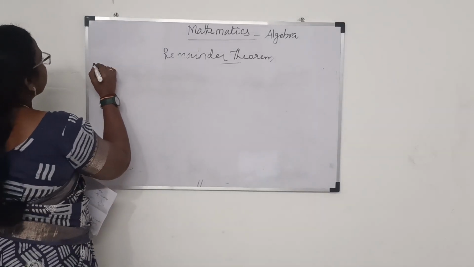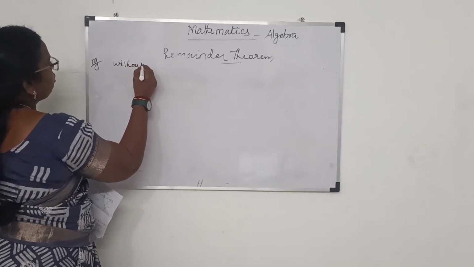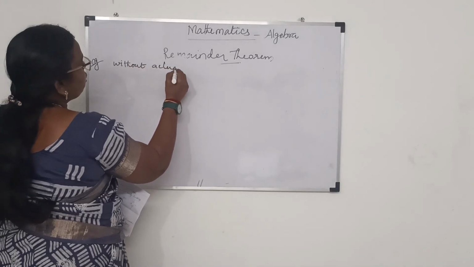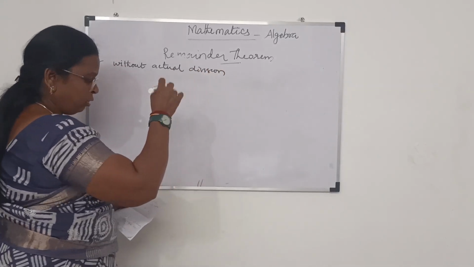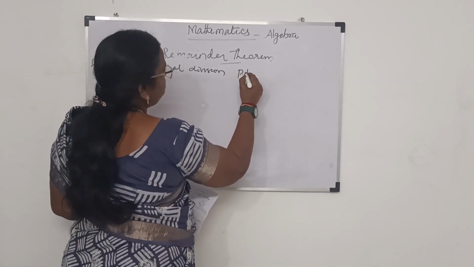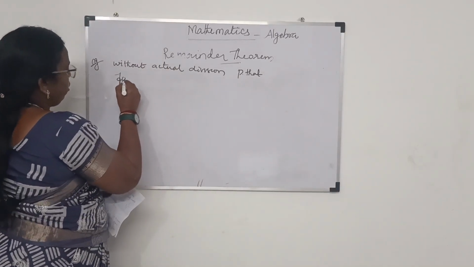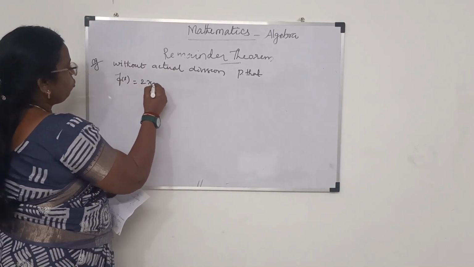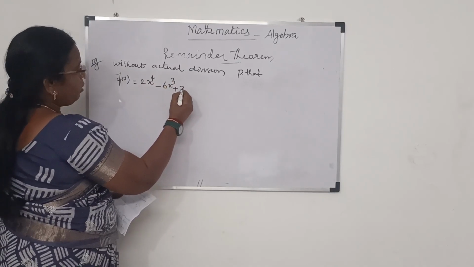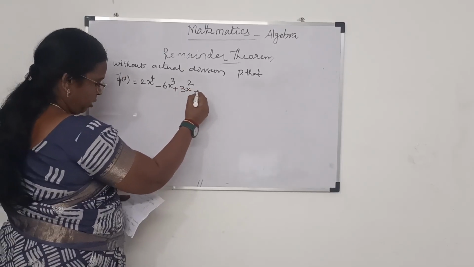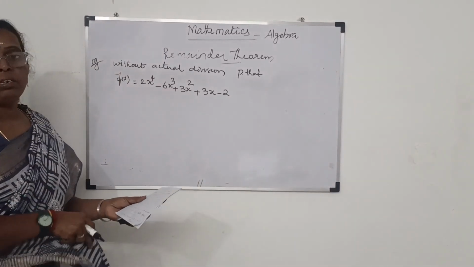So the sum is: without actual division. This is the hint which is given here. Without actual division, prove that f of x is equal to 2x to the power 4 minus 6x cube plus 3x square plus 3x minus 2. This is the polynomial which is given.